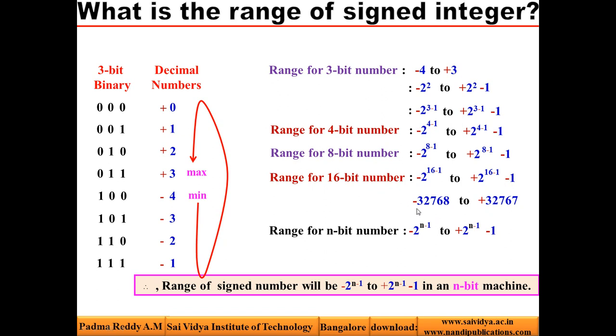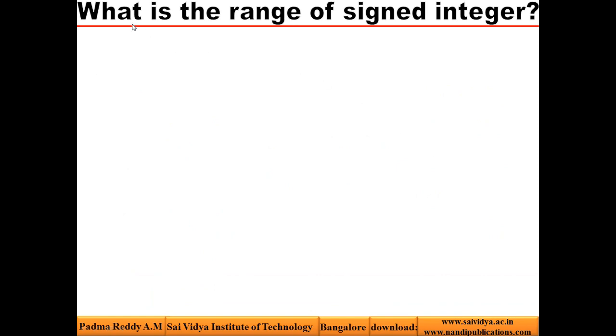Let us assume our machine supports only 16-bit numbers. In that case, what is the minimum number? Minus 32,768. What is the maximum number? Plus 32,767. Okay, now we know the range of a signed integer. The least number is minus 32,768, plus 1 means minus 32,767, plus 1 is minus 32,766 and so on.